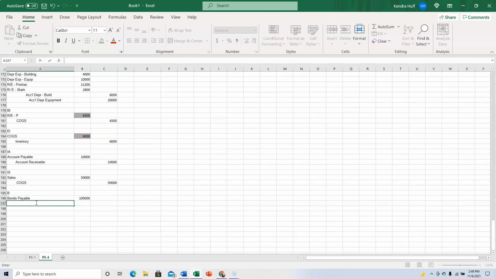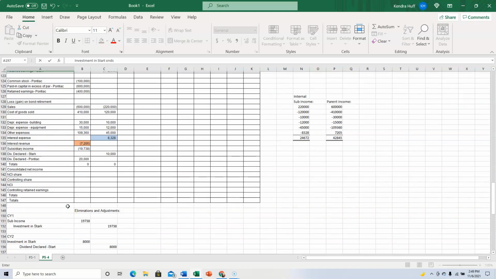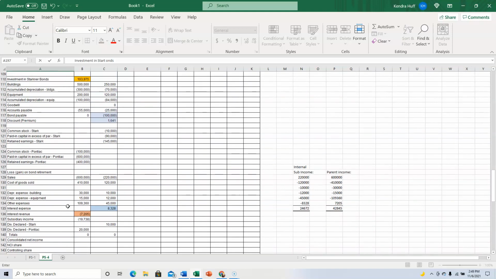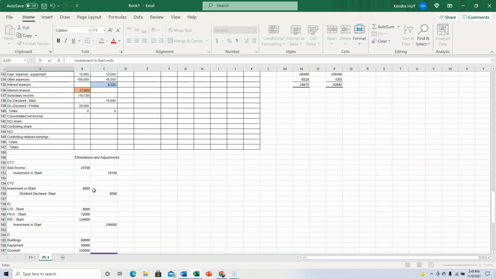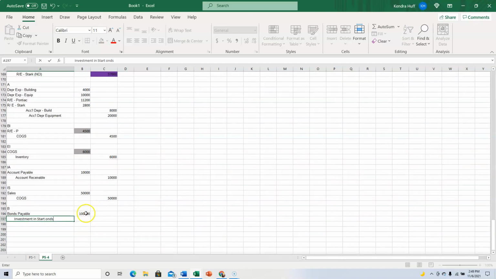So my investment in Stark bonds needs to come out. It currently has a balance of 103,975. Oh, it's gotta be a credit, sorry. I gotta take the discount off. It currently has a debit balance, so I need to credit it.